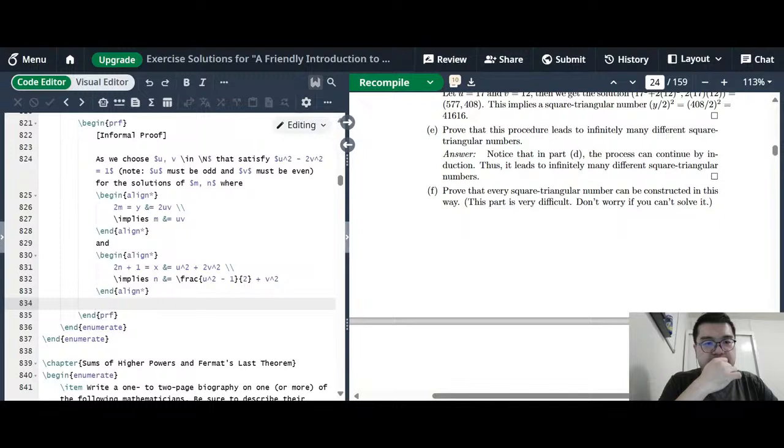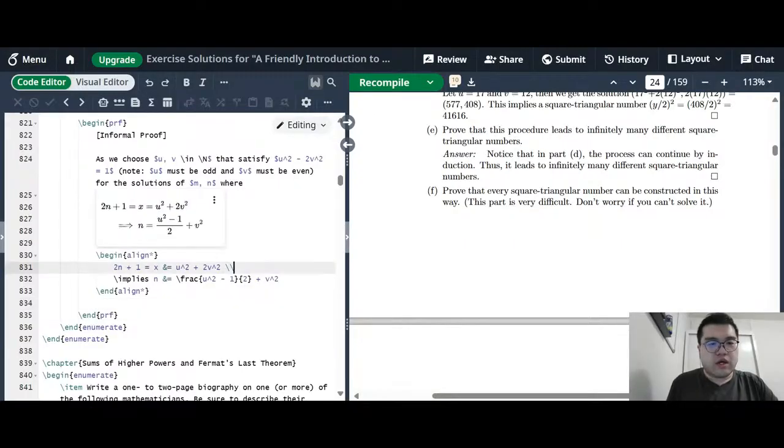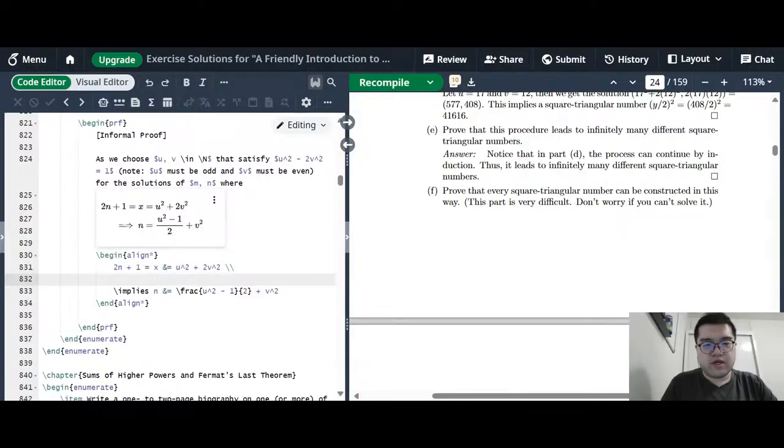So let me see. Oh, in fact, I just realized what we can try to do: replace the u squared in terms of v squared. So in fact, to make it simpler, we can make it depend on v only.